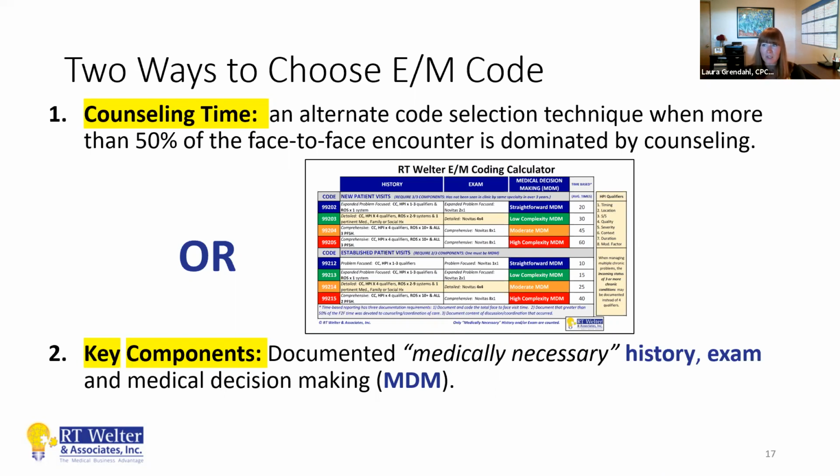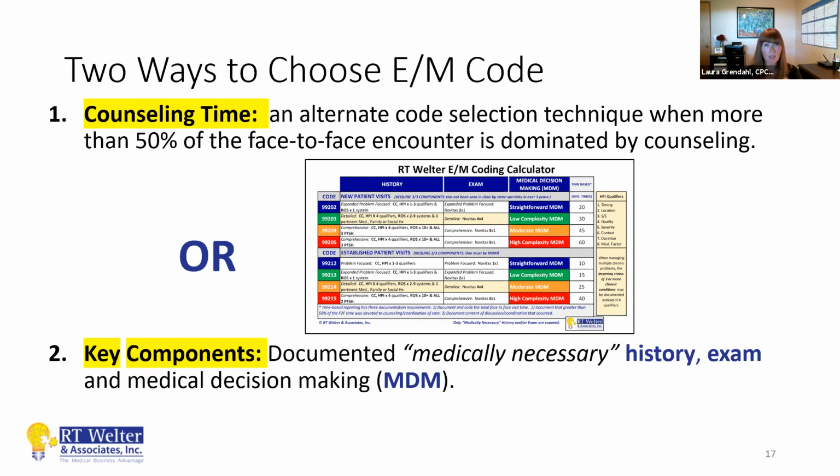Okay, so let's start talking about E&M coding and what are the different ways that we can code for these encounters. So when we talk about E&M coding, we're just going to spend a few minutes on this. We won't harp on it for too long, but we will get a little bit into the nitty-gritty on this. We have two different ways that we can report these.